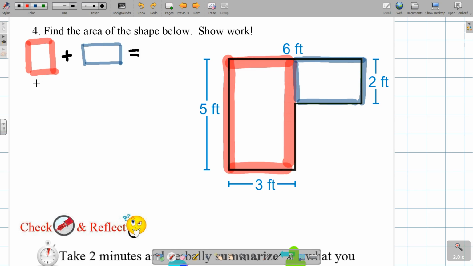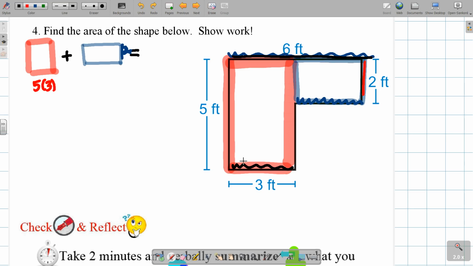So this first one's going to be length times width. That's 5 times 3. You come over here. That edge is 2. Physically trace. That edge you don't have. But you do have this edge. That's 6. This edge is 3.